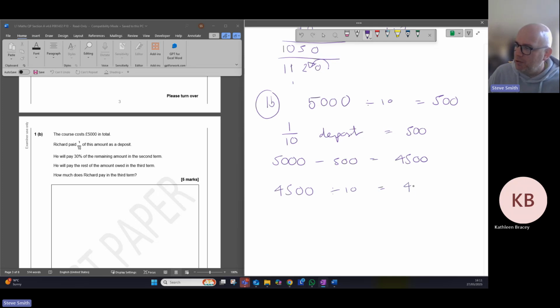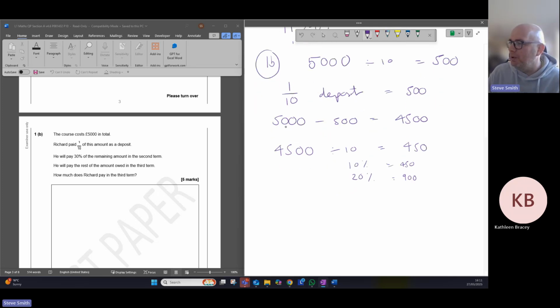We now know that 10% is £450. 20%, we just double. And if we want 30%, quite simply, we add another 450 onto that, because we're timesing that by 3.